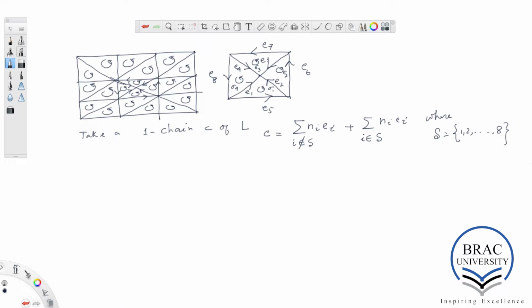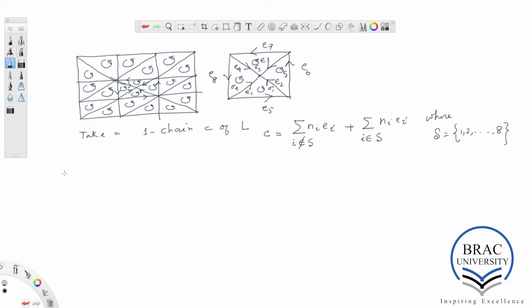Okay, so E1, E2, E3, E4, E5, E6, E7 and E8 are the 1 simplices corresponding to the central rectangle. There are 8 one simplices involved in the central rectangle. They are denoted by E1, E2, E3, E4, E5, E6, E7 and E8.